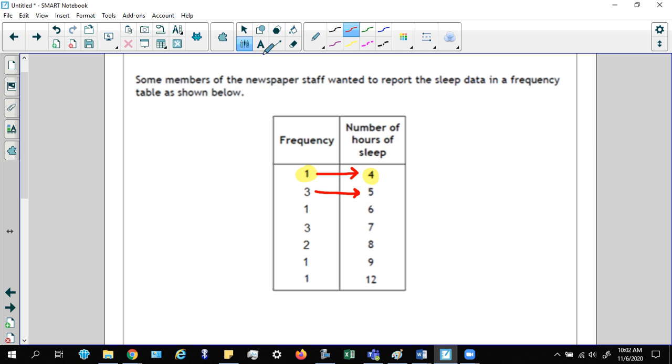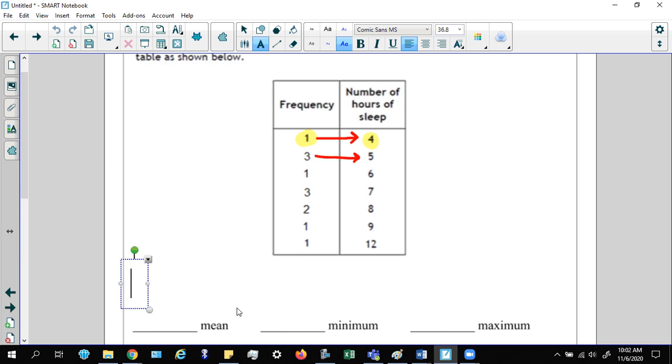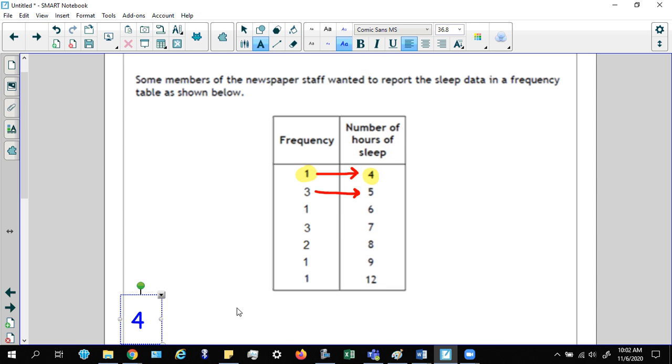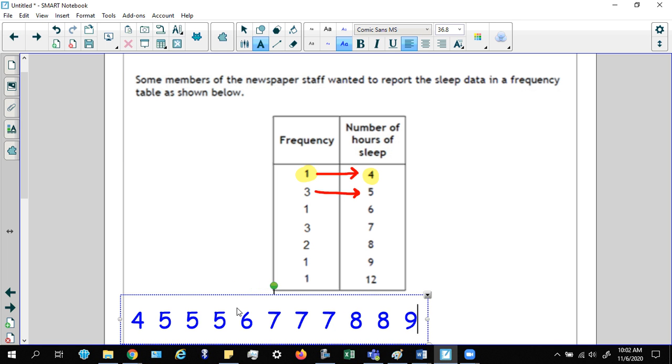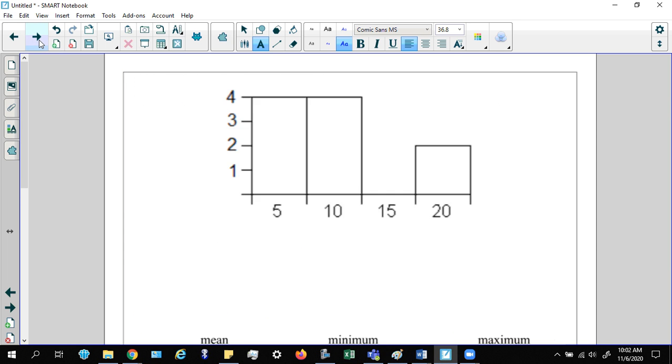So when you're creating a number line to work with, to answer all these questions, you do like, okay, there's one 4, three 5s, one 6. Let's see. Oh, three 7s, two 8s, one 9, and then a 12. And then there you go. There's your number line that you'd work on, and then that is already given to you. That's easy. And then the last one I'm going to show you.